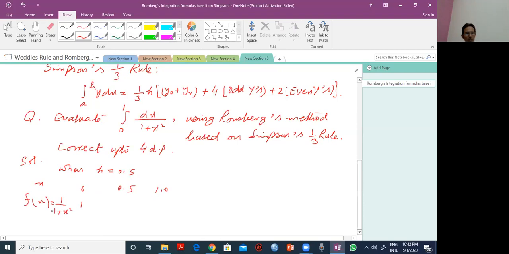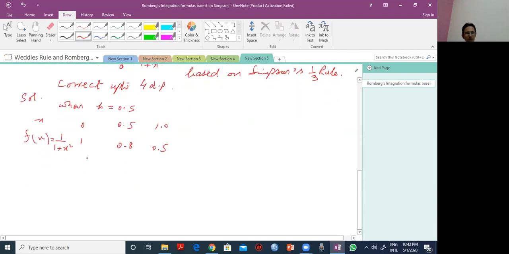When we put 0, it is 1 upon 1, which is 1. Then 0.8 and 0.5. So here we have y0, y1 and y2.